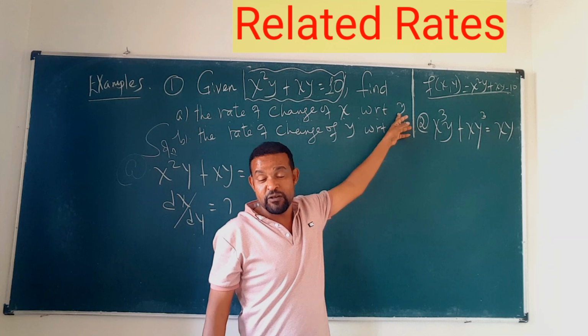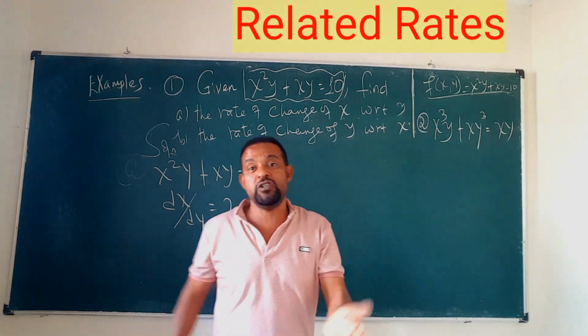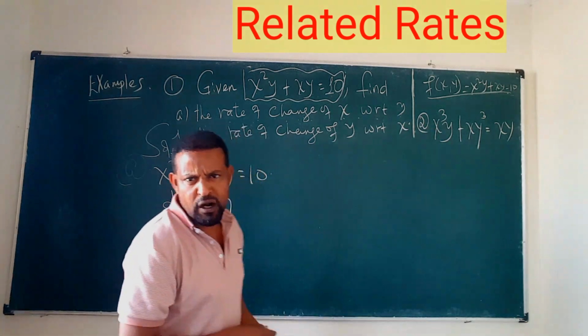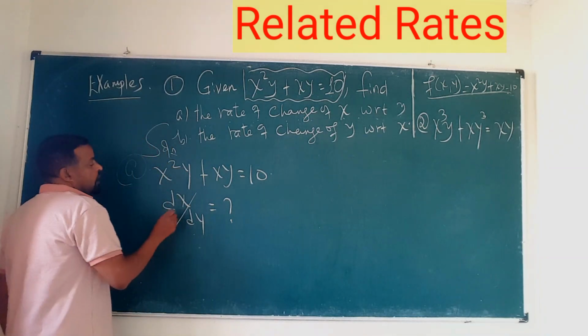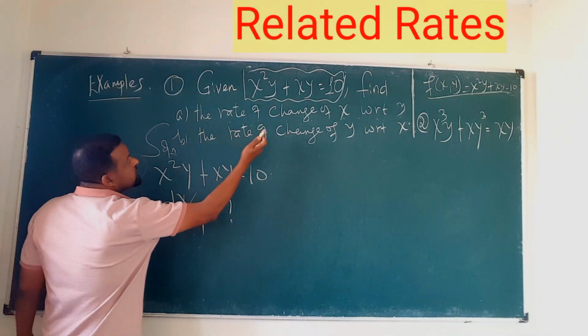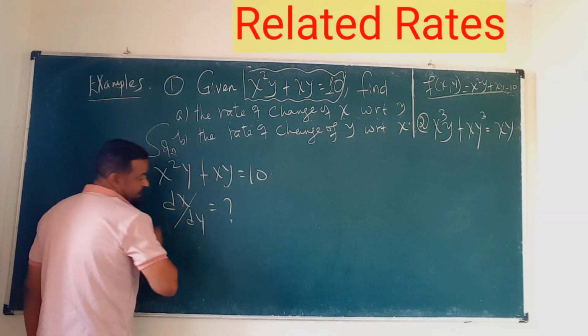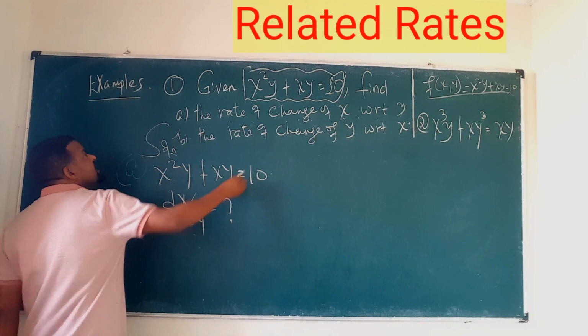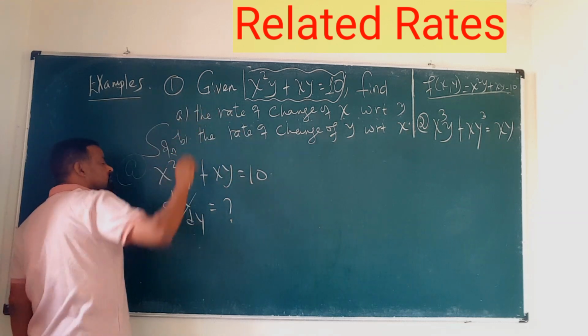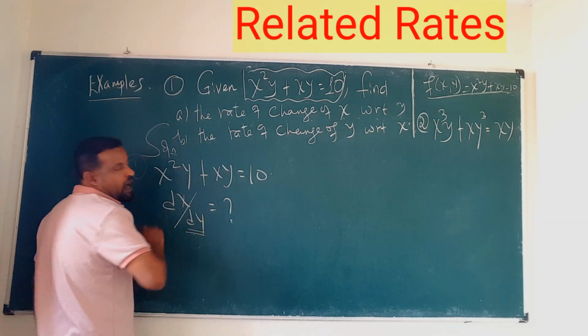Okay? You know that a derivative is nothing but the rate of change of one quantity with respect to another quantity. So, find the rate of change of x with respect to y means the derivative of x with respect to y. That means find the derivative of the given situation with respect to y.